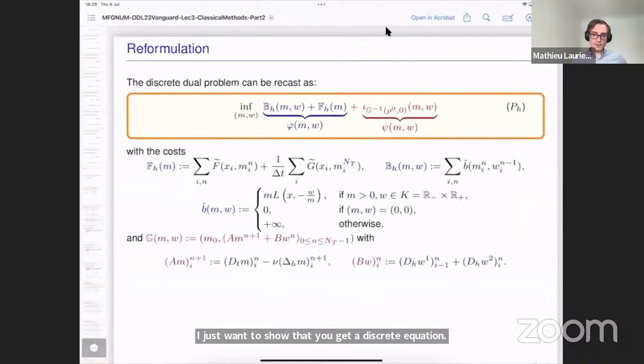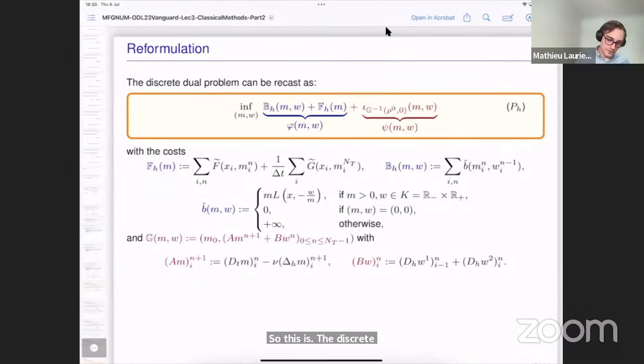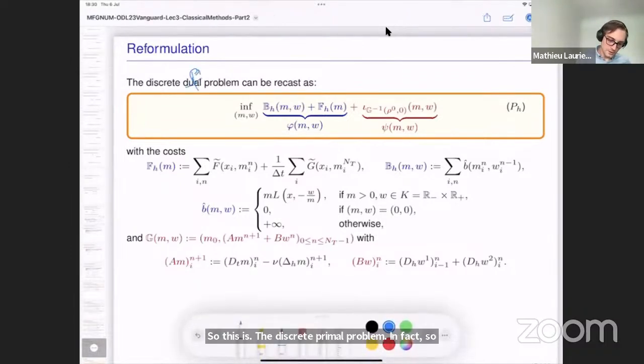And so in the end, you can rephrase the mean field game problem as this optimization problem. So this is the discrete primal problem, in fact. Here I should say primal to be consistent with my terminology in the previous slides, which was the problem of inf over m and w of calligraphic B of m and w.